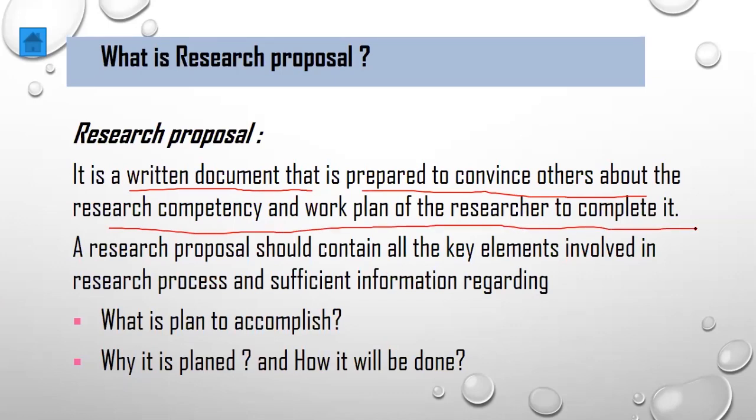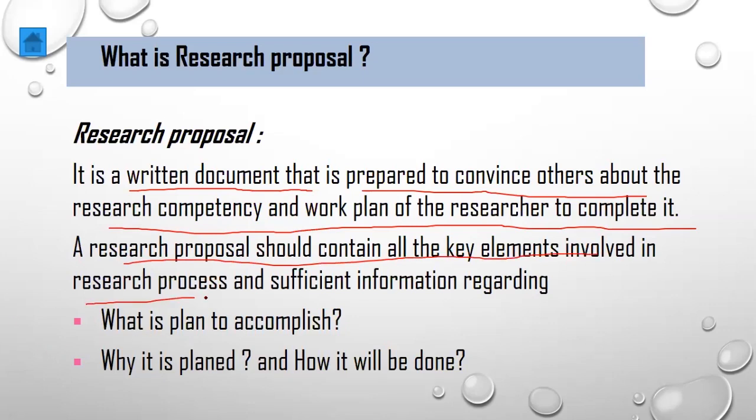So, what does it mean? If you are a researcher and you want to do research, then you have to prove to the authority that you are competent enough, or that you have a good work plan to complete a research. So a research proposal should contain all the key elements involved in the research process.